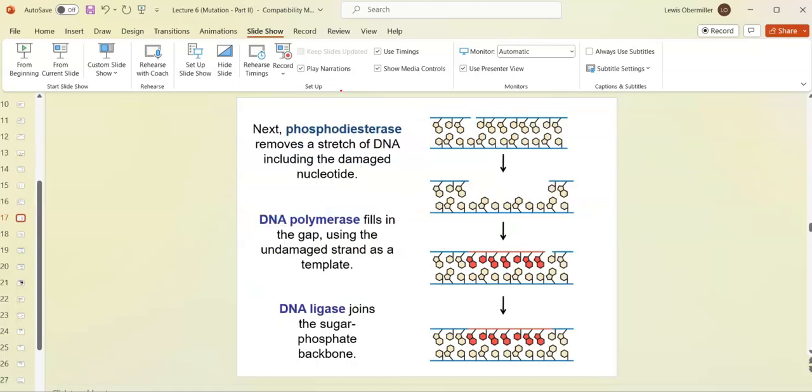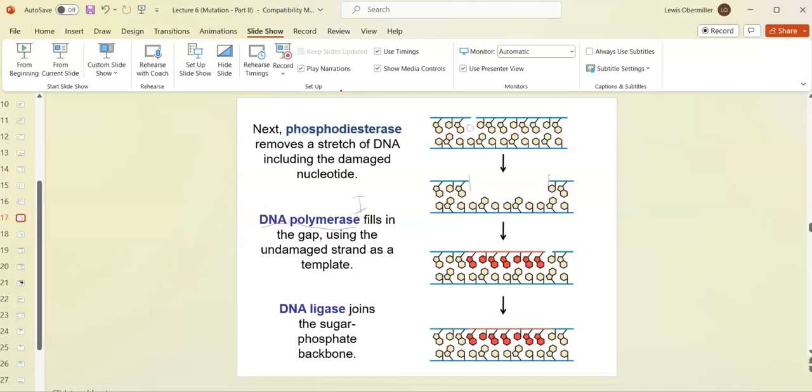So a phosphodiesterase, remember the DNA backbone is phosphodiester bonds. Hopefully that's review. So it's going to remove that stretch of DNA, right? It's shown here where the base is removed. The polymerase fills in the gap. Remember, this is polymerase 1.